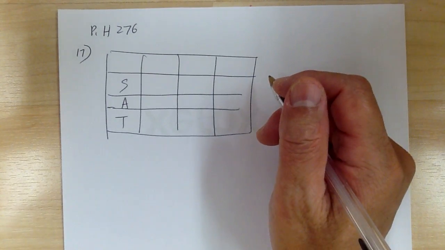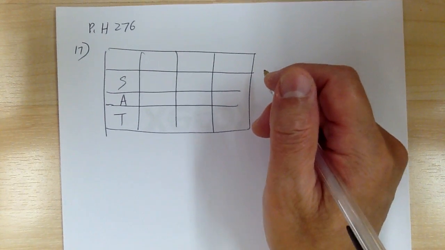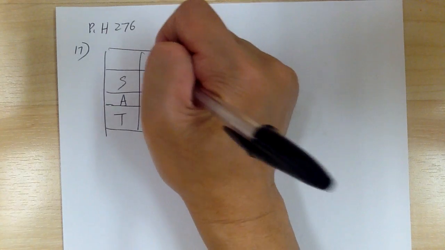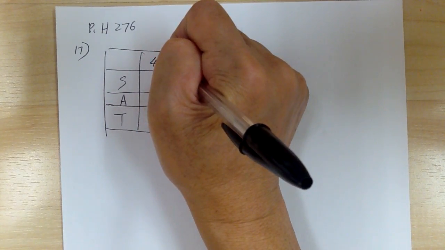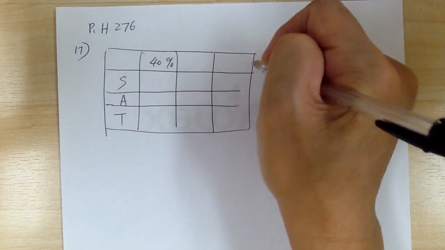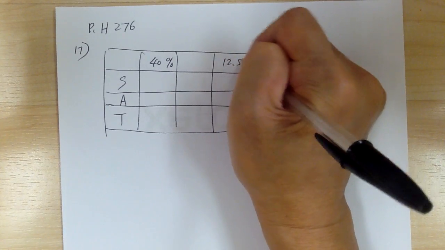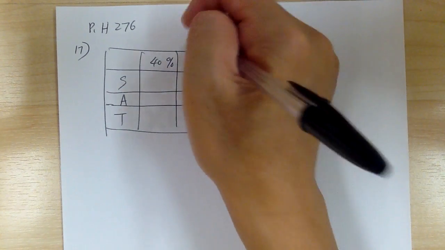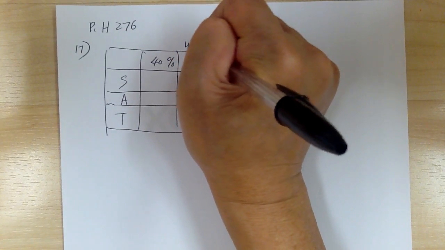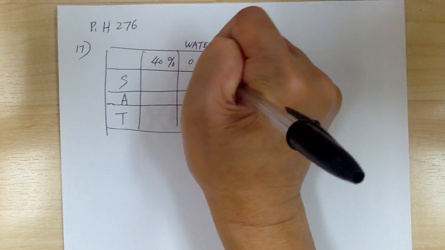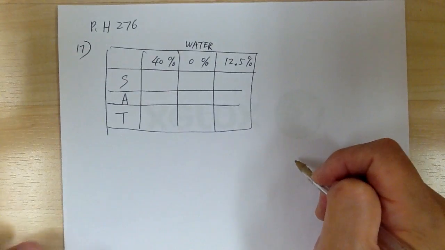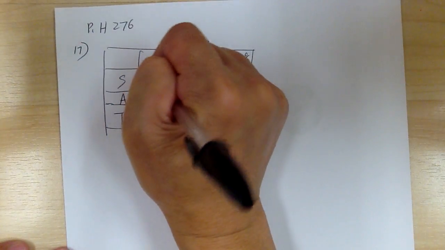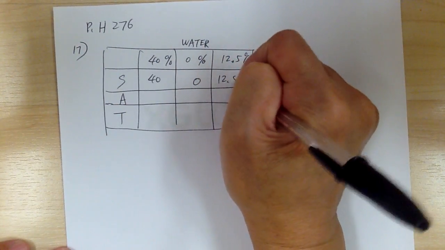Okay. So she bought a 40% and she wants to make a 12.5%. So in order to do that, she needs to dilute it with water. Now remember, water is 0%. Okay? Pure alcohol is 100%. So this will give you 40, 0, 12.5.